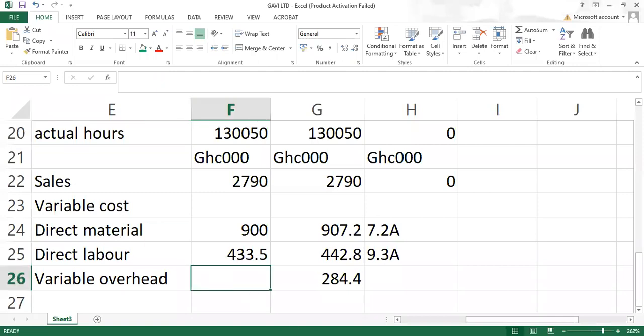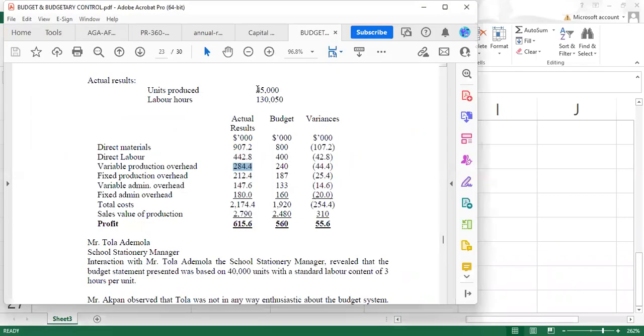So what was the actual labor hours? What was the actual labor hours?